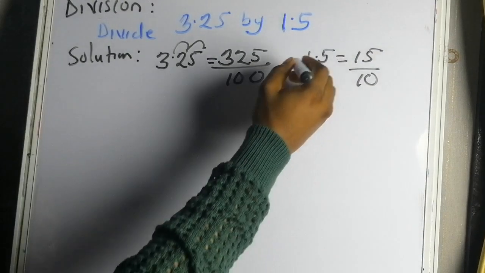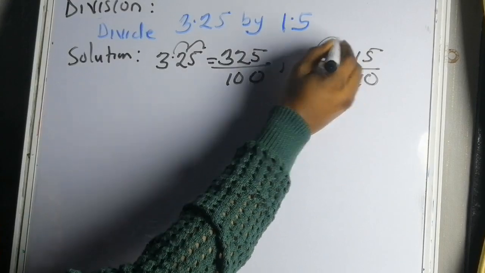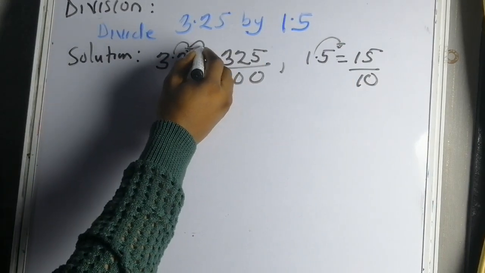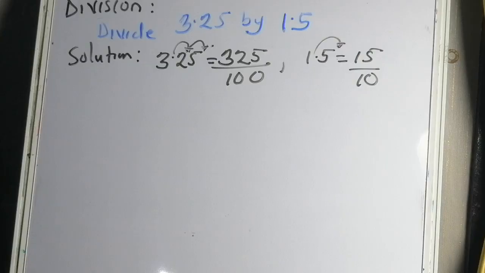You are moving the point 1 time to the right to have a whole number, so you have 15 over 10. For 3.25 you move it 2 times, that is why you have 100.